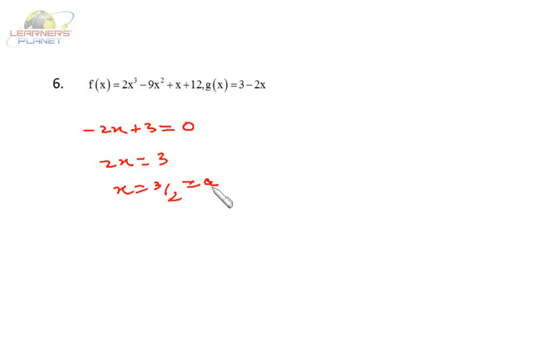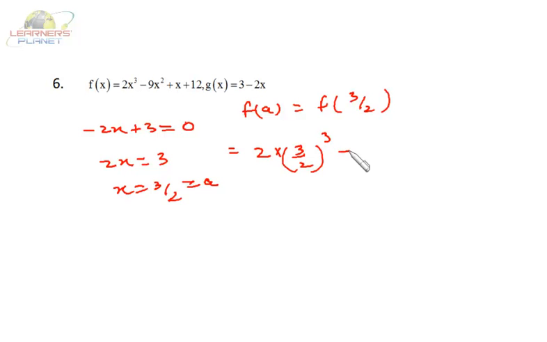Okay, so now let's calculate f of a, which is f of 3 by 2. So just put the value of x as 3 by 2. So it's 2 into (3 by 2) whole cube minus 9 into (3 by 2) square plus 3 by 2 plus 12.